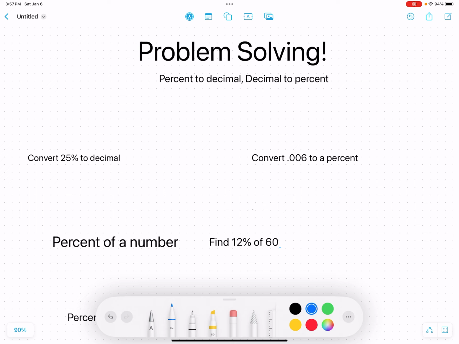In order to do this section, it's possible that the most important part of it is to know how to go from a percent to a decimal or a decimal to a percent.